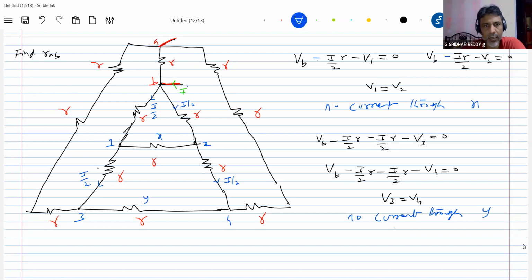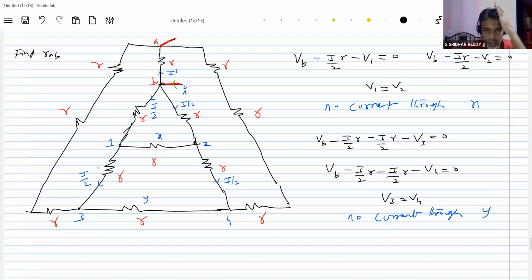I'll call this I dash. These two branches are not similar, and they are connected across branch AB, whereas these two branches are similar. So therefore the current I should divide equally in those. There's a correction I'm making here.